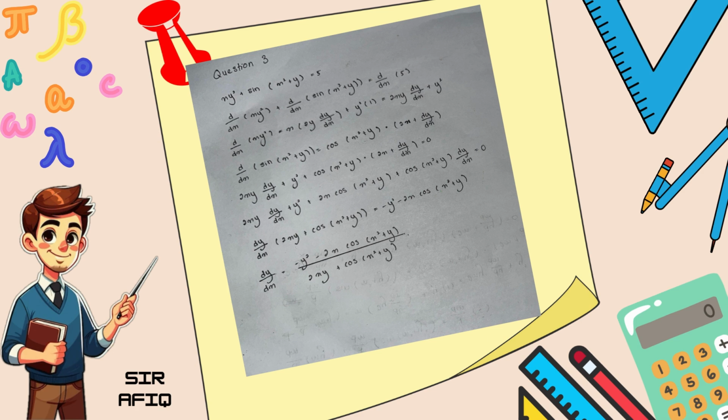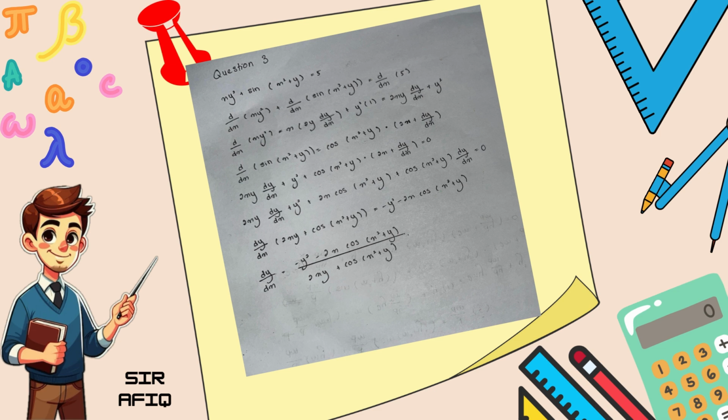For question 3, we are given the equation xy squared plus sin(x squared plus y) equals 5. First, we differentiate both sides of the equation with respect to x. For the term xy squared, we apply the product rule, which gives us y squared plus 2xy dy/dx.